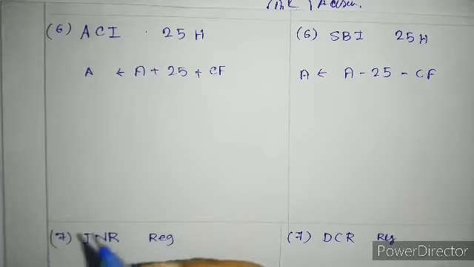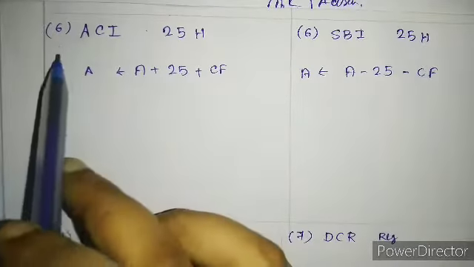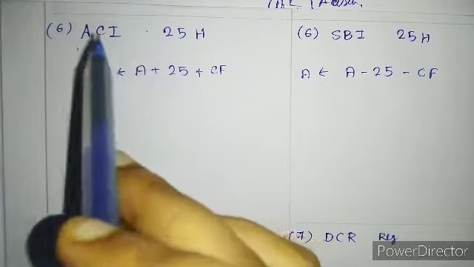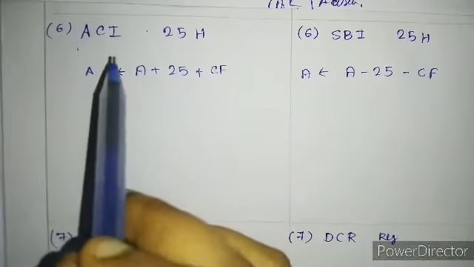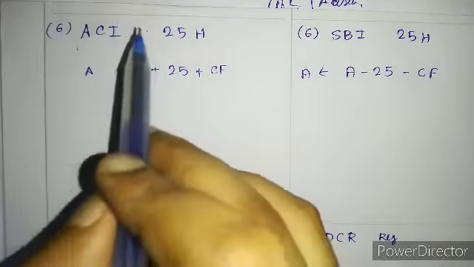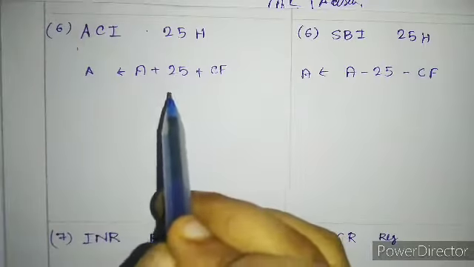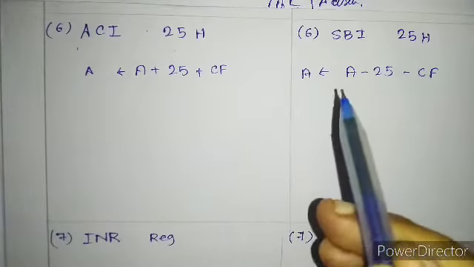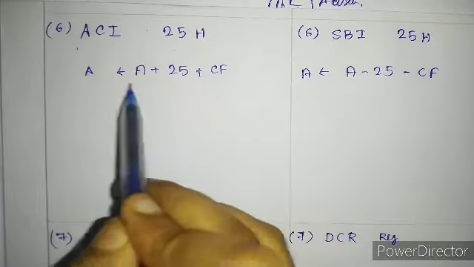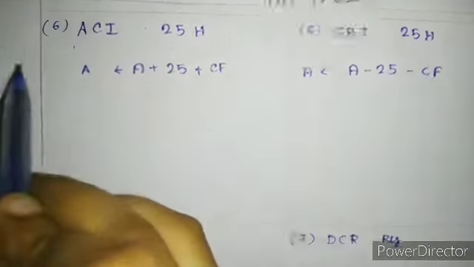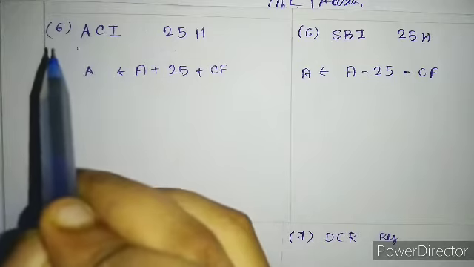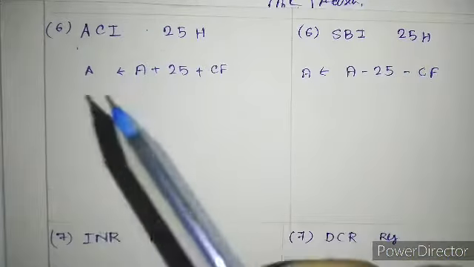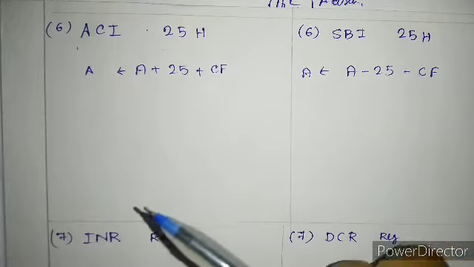The next example is add carry immediate. In this example, 25 plus the accumulator's value plus the carry flag's value will get added and the result will get stored in the accumulator. We are learning these instructions so that we can apply them further in our programming.